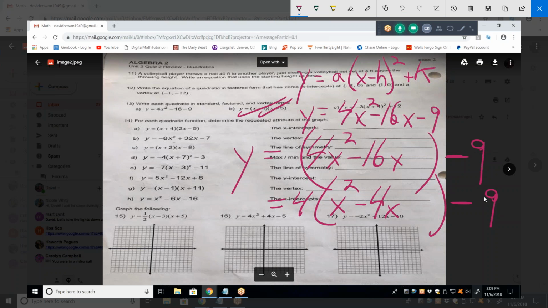In other words, if I take what I've got at the bottom and multiply it out, I get back to what I had, okay? Now, we got to complete the square. Inside the parentheses, how do I do that? Okay, what do you get?